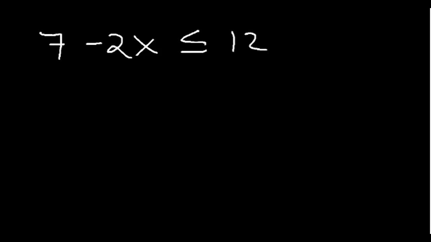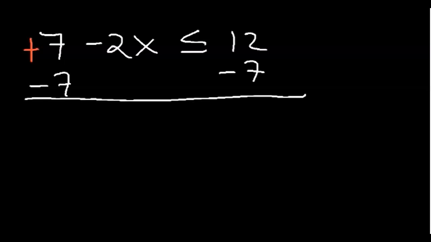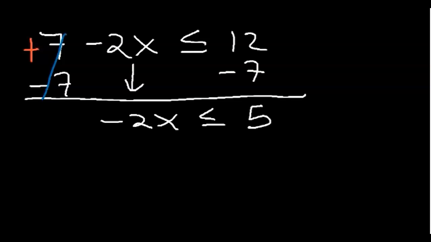Try this problem. 7 minus 2x is less than or equal to 12. So the first thing that we need to do is subtract 7 from both sides. So what we have left over, negative 2x is less than or equal to 12 minus 7, which is 5.